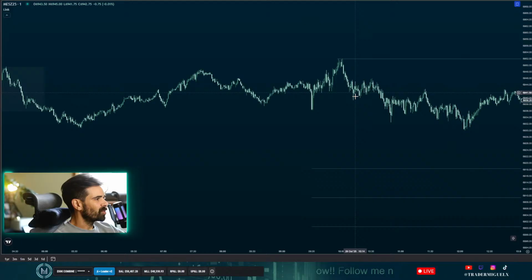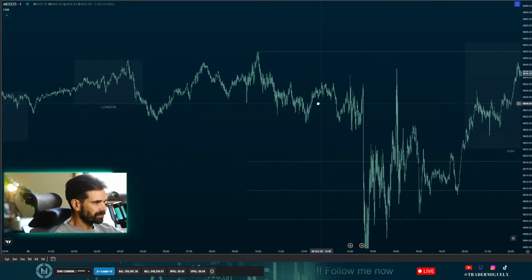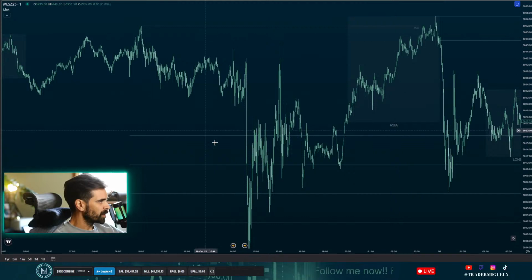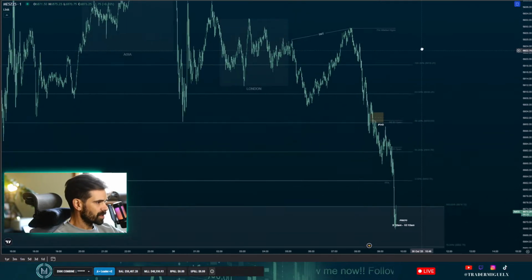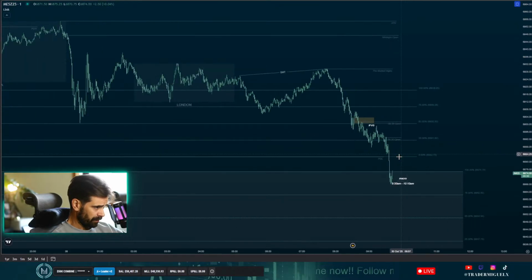I didn't like how price behaved around here. The short would be somewhere here, but then we had to face accumulation of about 35 minutes, so it's not ideal. But we picked the top here, and I guess it was a nice setup.